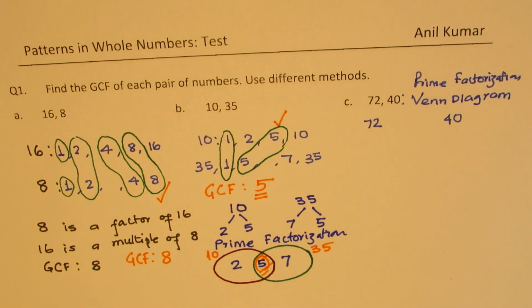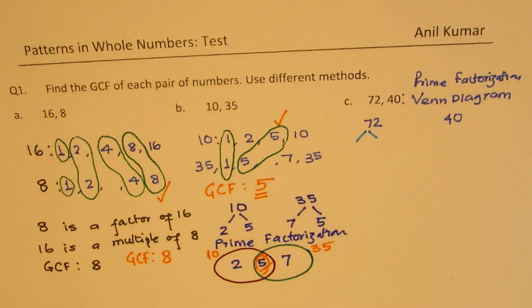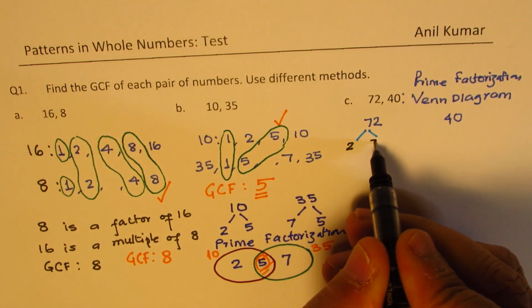Is that clear to you? So, as far as 72 is concerned, we have the prime number 2 that can get into this. So 2 times 36, correct?